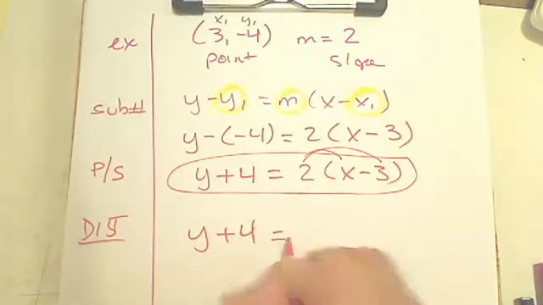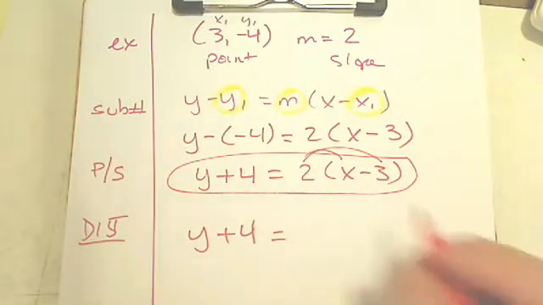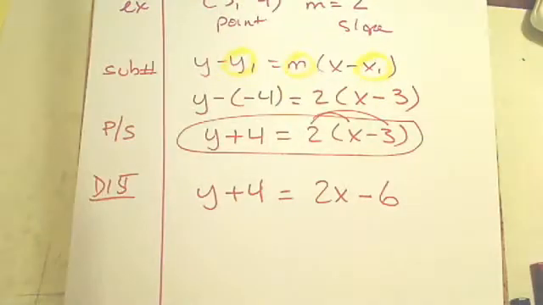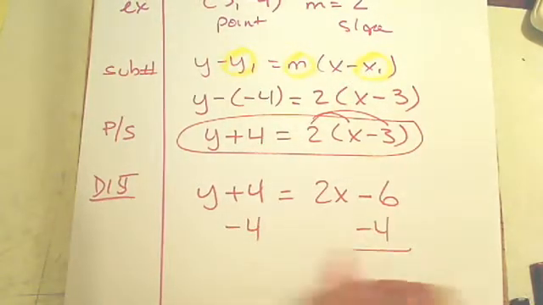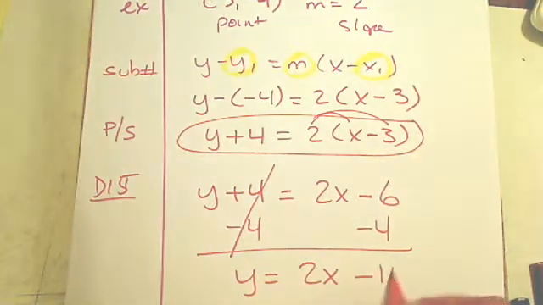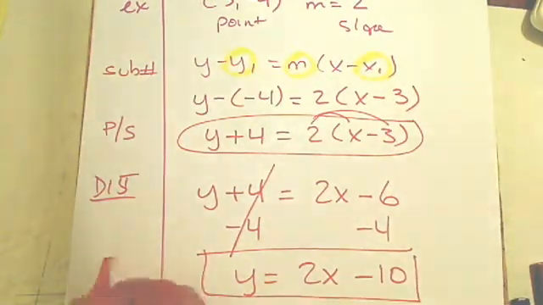Y plus 4 equals 2x minus 6. One more step: subtract 4. Y equals 2x minus 10. There's my slope-intercept form.